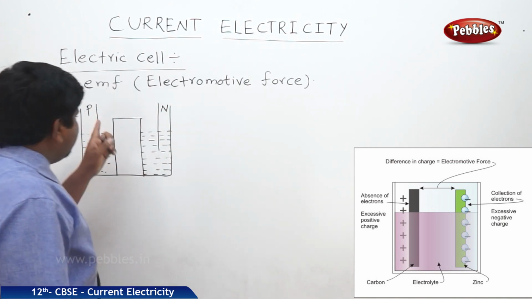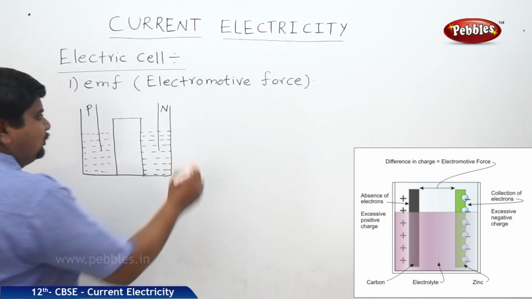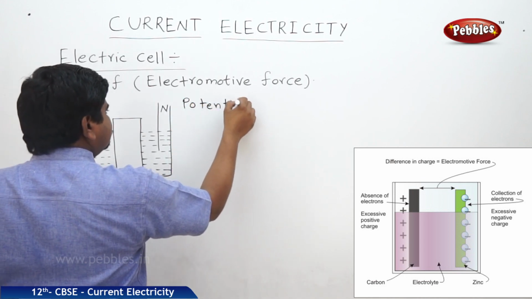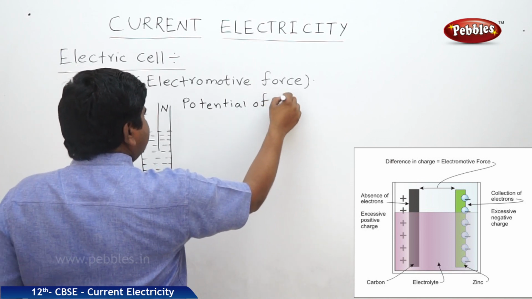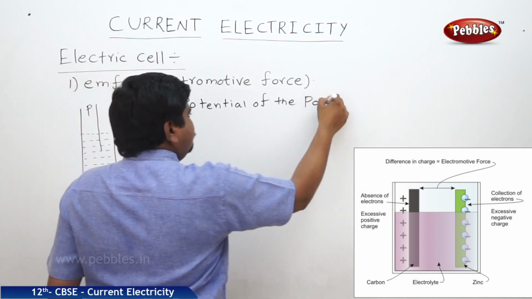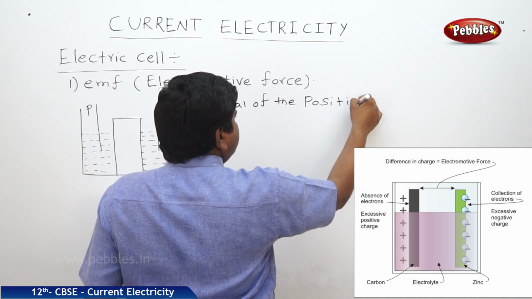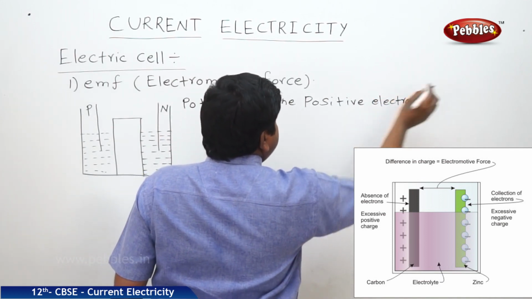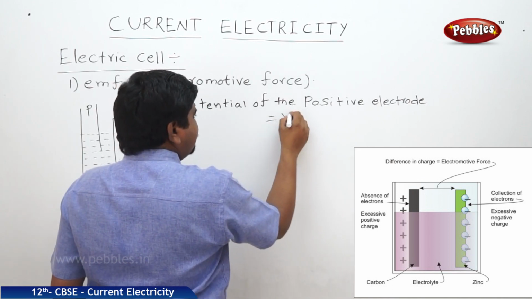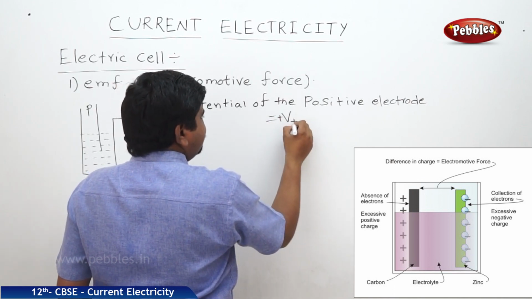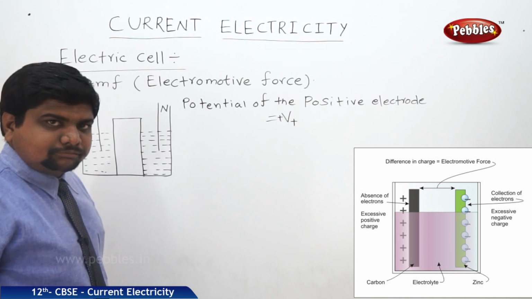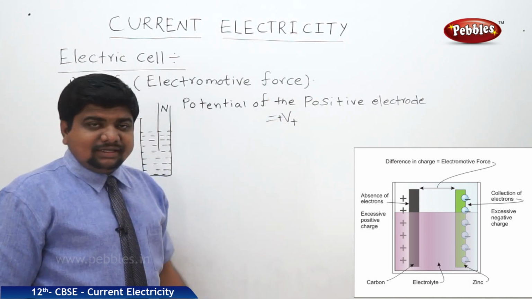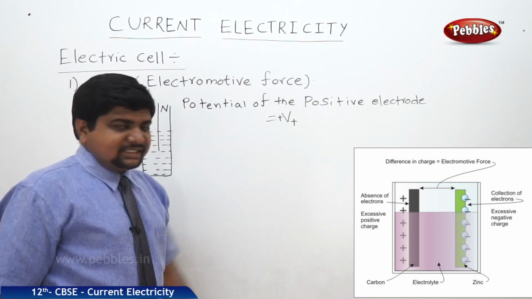The potential of the positive electrode we can write as plus V plus. V is the symbol of the potential, and the plus symbol refers to the positive potential.